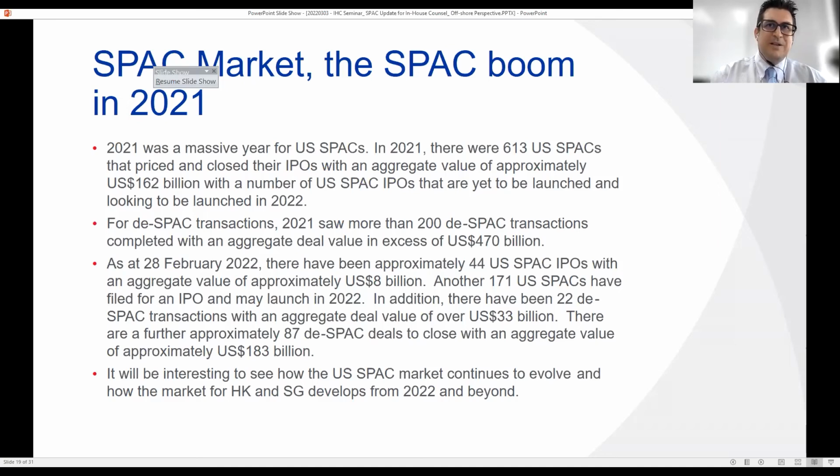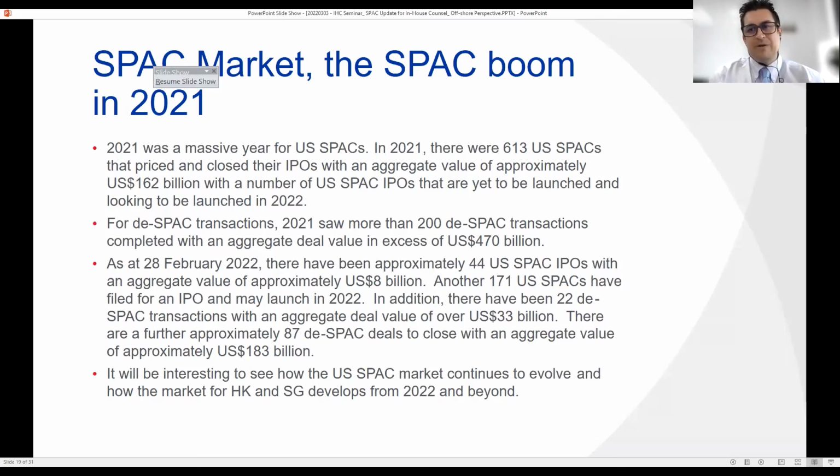To date in the US this year, 2022, there have been 44 US SPAC IPOs completed, with an approximate deal value of $8 billion, and another 171 US SPACs have filed for an IPO. That includes those that filed for an IPO last year but haven't yet launched.